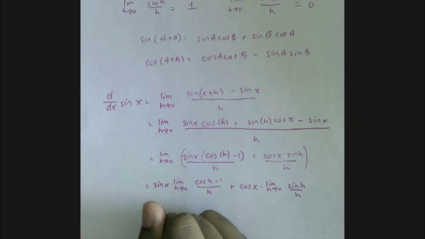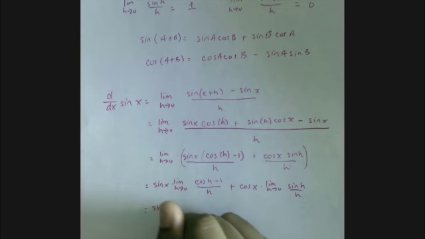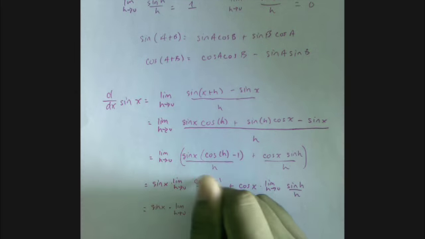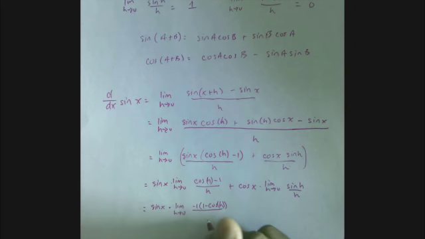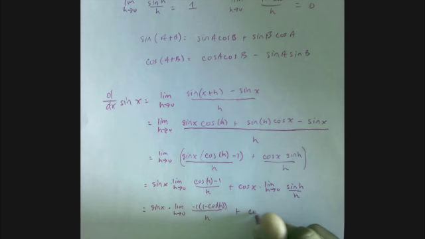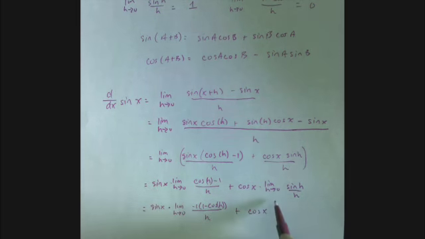This is sine x times the limit as h approaches 0 of -1 times 1 minus cosine h over h plus the cosine of x. Now this limit we already know. We know this to be equal to 1, so times 1.